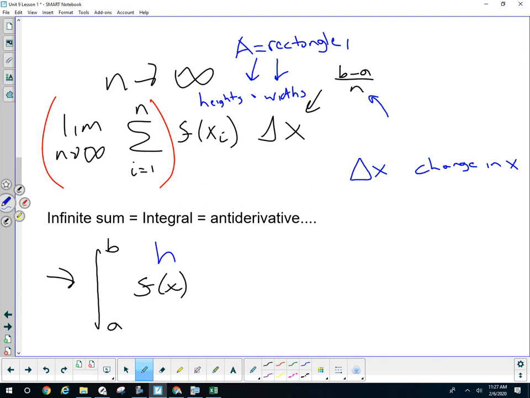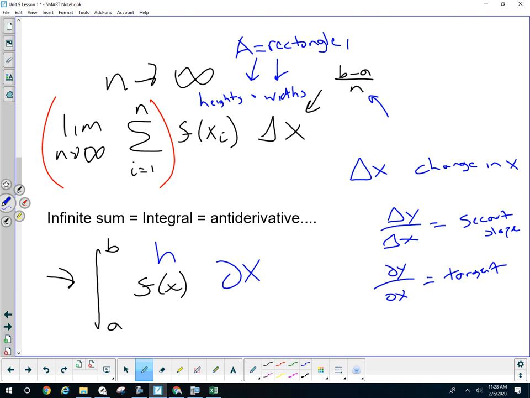What have we used in the past for an instant change in x? A small, small change in x. Remember, delta y over delta x. What's this stand for? Slope. What kind of slope? Secant slope, right? What is this? Change in y over change in x. Instantaneous change in y, instantaneous change in x. This is my tangent slope.